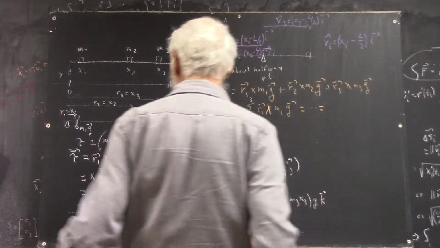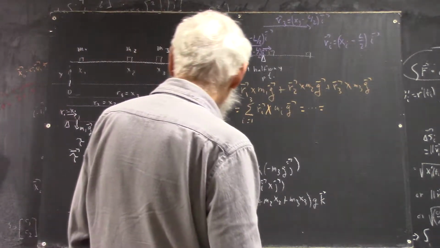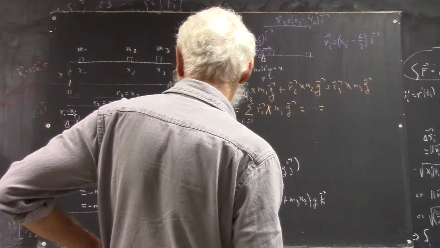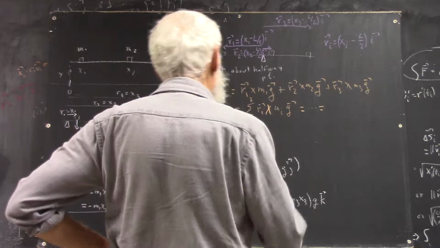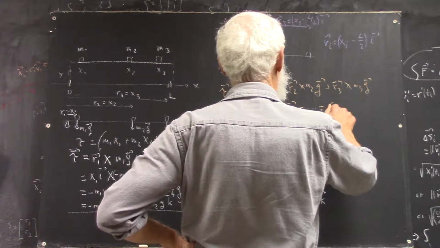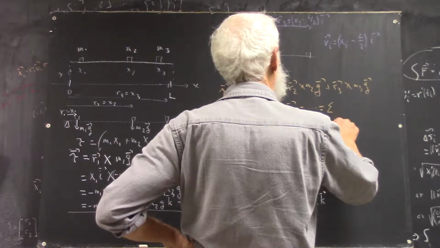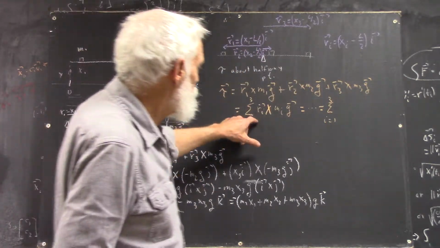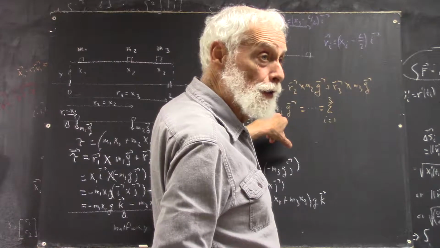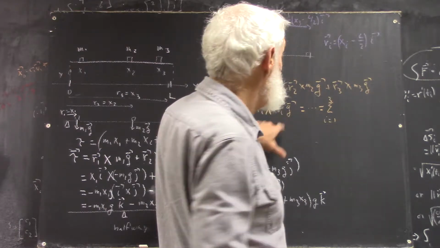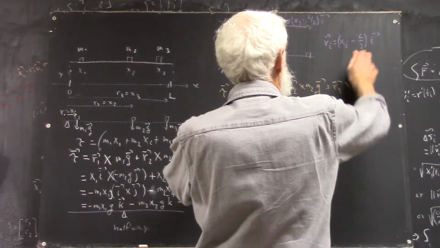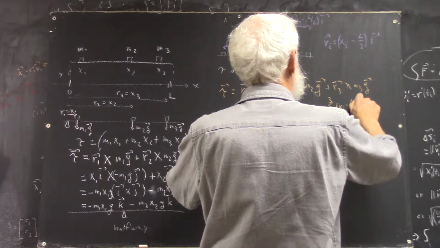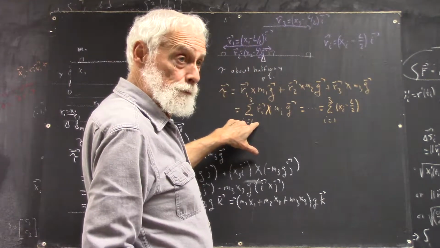Anyhow, you work this out, and you find that it's the sum from i equals 1 to 3, and you can kind of deconstruct this. Well, your Ri is this, and your mi g is this, right? So you're going to have your Ri, which has got the xi minus L over 2, okay?